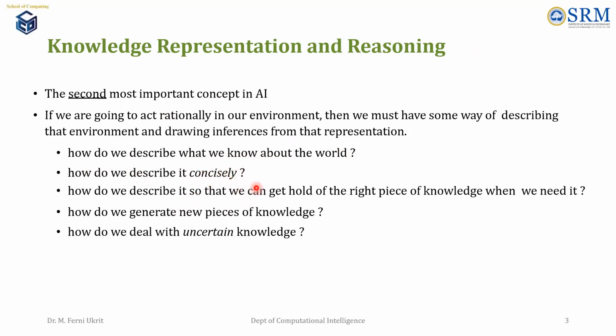Once you have got all the information, what knowledge have you obtained from it? We need to know what knowledge is hidden in it, and how we think about that particular data, converting it into knowledge. Now, how do we generate new pieces of knowledge, and how do we deal with uncertain knowledge? Uncertain knowledge in the sense that maybe your model is trained and it is in the product now.